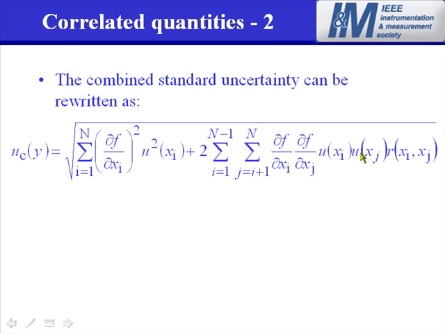Here you see them, here and here, associated to each single measurement result, and here are the correlation coefficients. You can immediately check that when the input quantities are not correlated, that is, when all r coefficients are nil, this relationship becomes exactly the one we found for uncorrelated input quantities, because this part becomes identically 0.